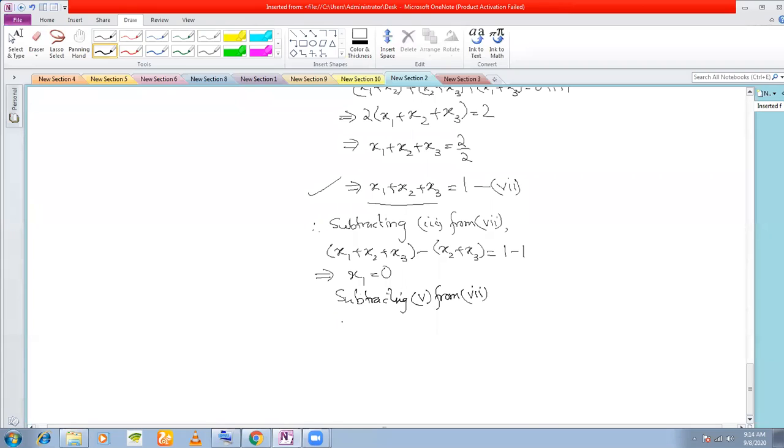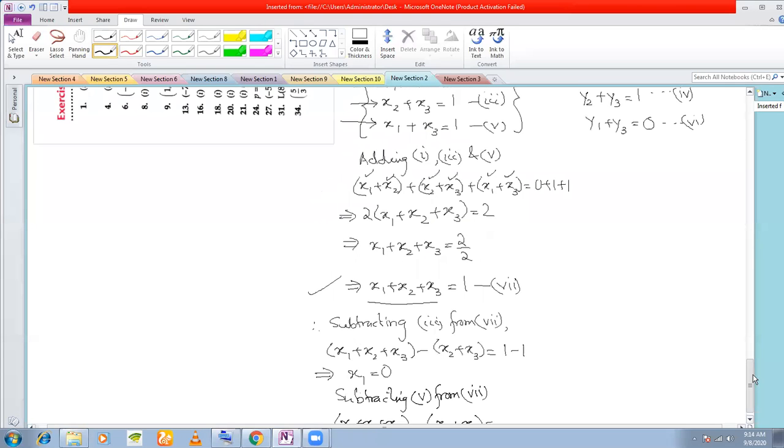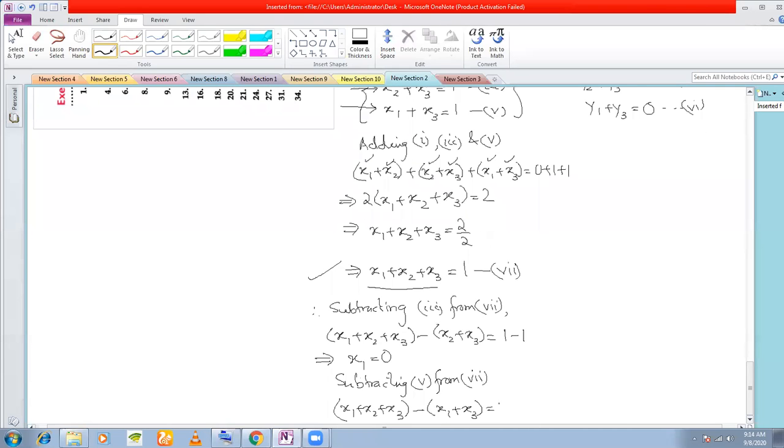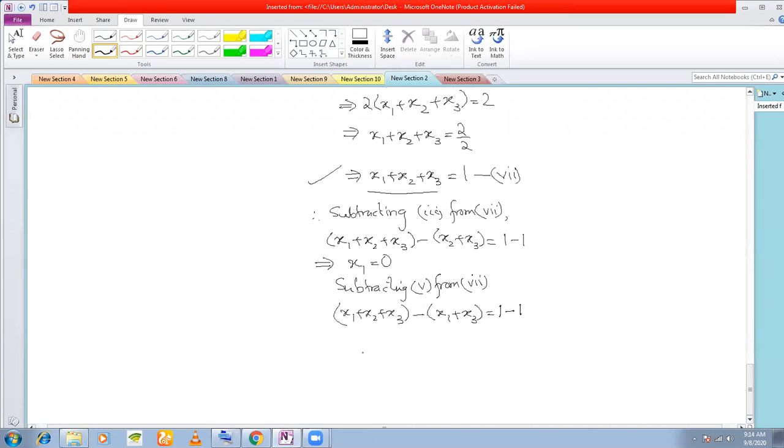So you have X1 plus X2 plus X3 minus X1 plus X3. And what is the right hand side here? 1 minus 1. This is also 0. So you get here X2 is also equal to 0.